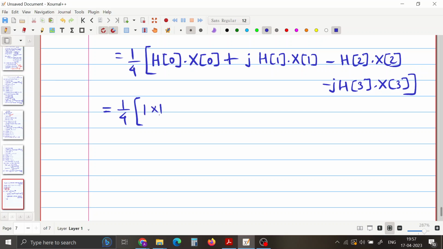first term will be basically 1 times 1, and second term will be plus j times minus 2.